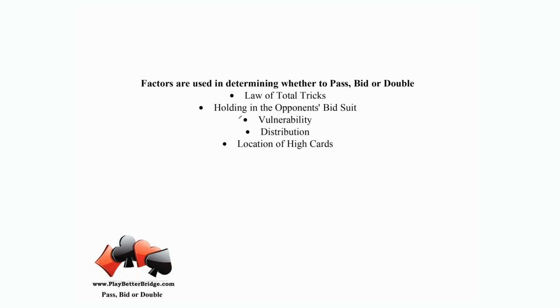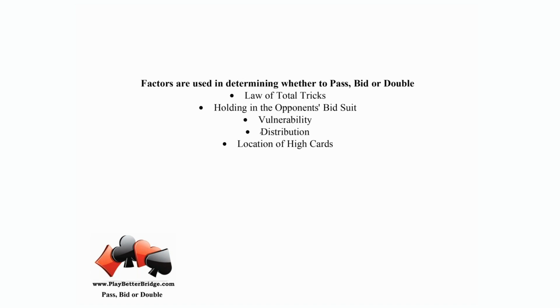Okay, so that means what high cards do you have in your opponent's bid suit? That's one of the factors. The vulnerability, as I mentioned, that's going to be a factor that we definitely want to look at. Doesn't clearly determine anything, but it's definitely in the thought process. Distribution of the hand, whether we're balanced, whether we're unbalanced, whether we're mixed, like semi-balanced, right?